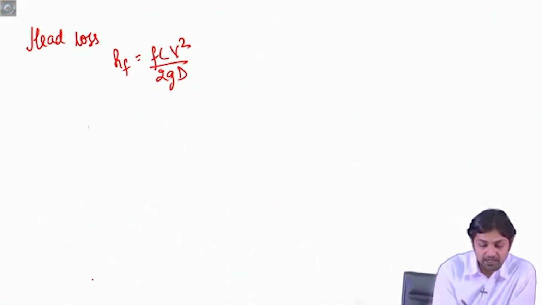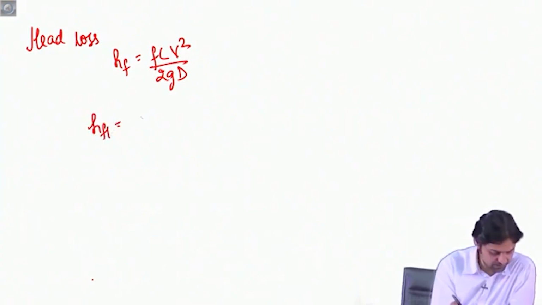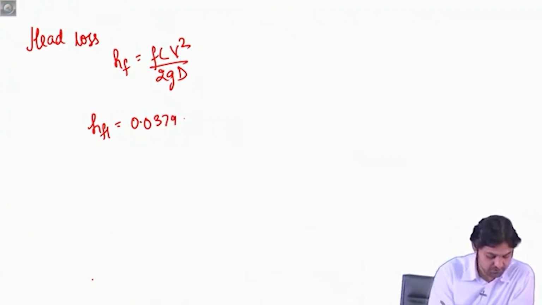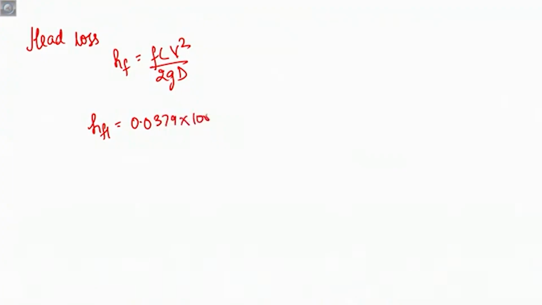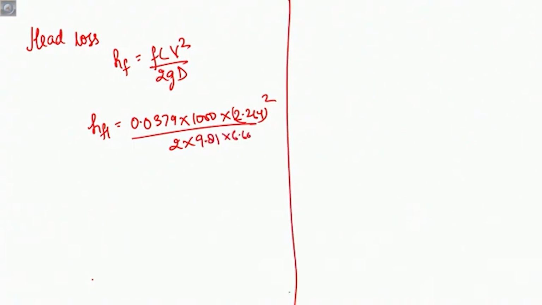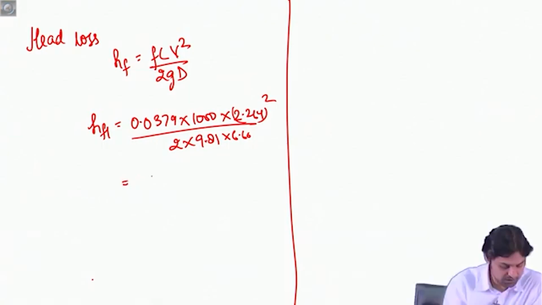So, before the lining was put, HF1 would be 0.0379, that was the friction factor 1, length is 1000 and velocity was 2.264 whole square divided by 2 into 9.81 into 1.5. So, HF1 comes out to be 6.6 meter.